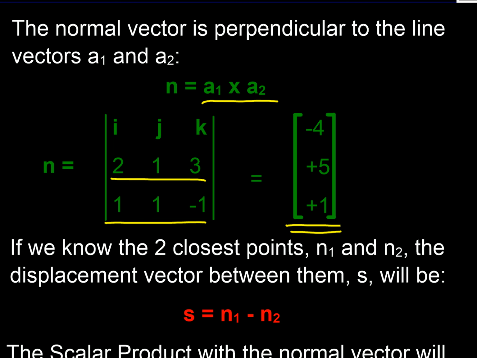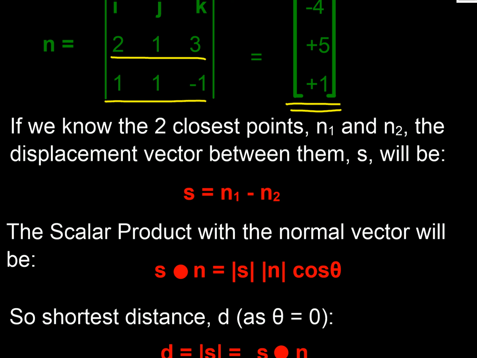So that made life easy. Now I just need to take a couple of points and work out their distance. If we knew the coordinates of the two closest points, I'll call them n1 and n2, then I would know the vector between them as a displacement vector. If I did the dot product of that with the normal, I'd get the two magnitudes and the angle between them.